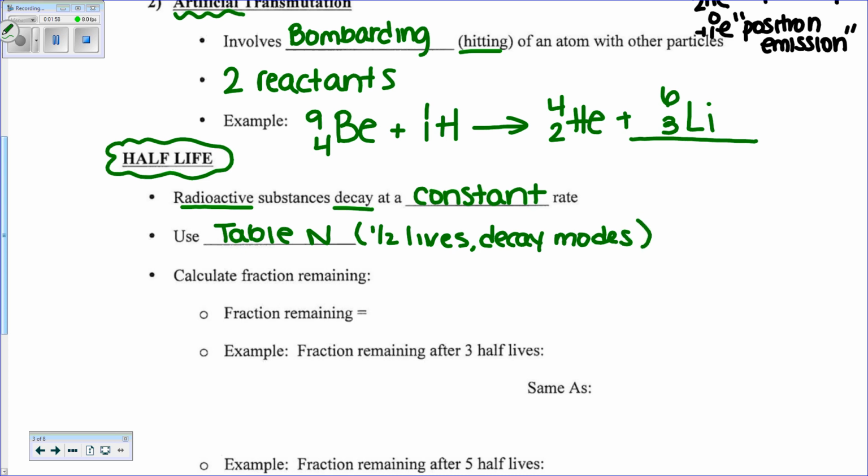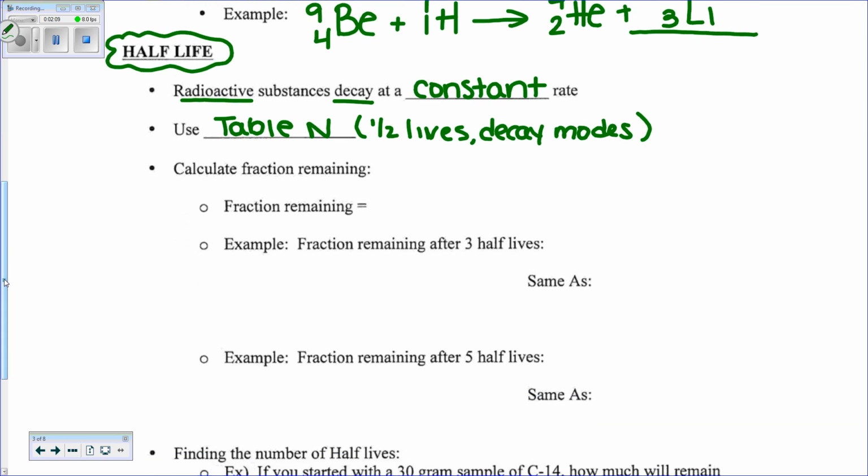So there used to be an equation that they would use. Oh, I should have also told you, if you don't have a calculator at this point, please grab one. You do need a calculator. So there used to be an equation to be able to do fraction remaining that used to be on the reference tables. It's not there anymore.